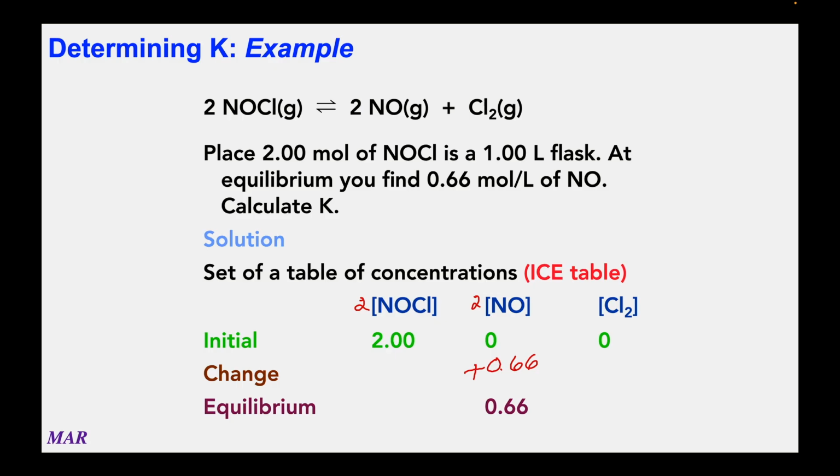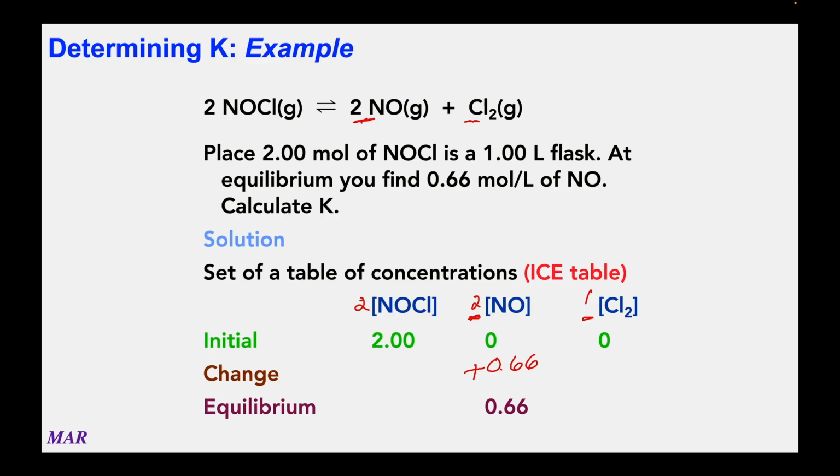Earlier I said the stoichiometries can be helpful, and this is one place where it can be super helpful, because we can easily calculate how many moles per liter of chlorine were also created. We do that because 2 moles of NO are created for every 1 mole of chlorine. You can see it up here in the balanced reaction, 2 NOs for every 1 Cl2.